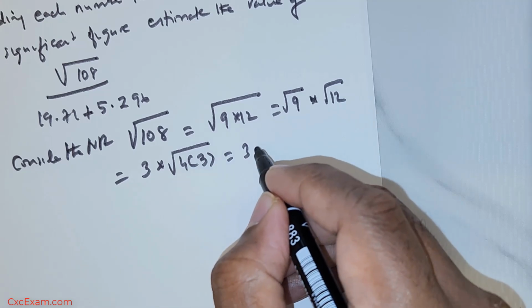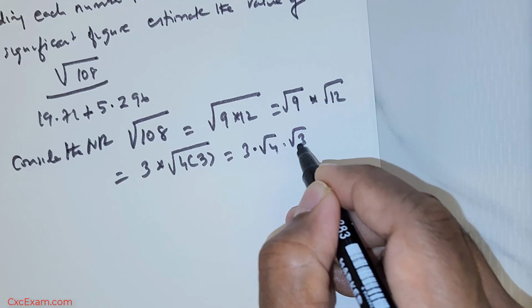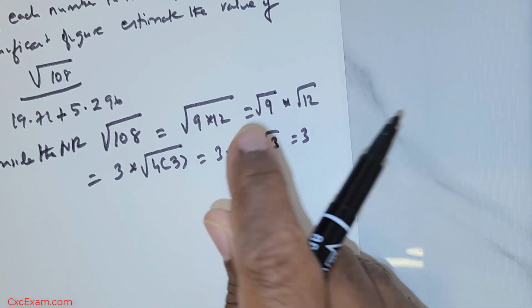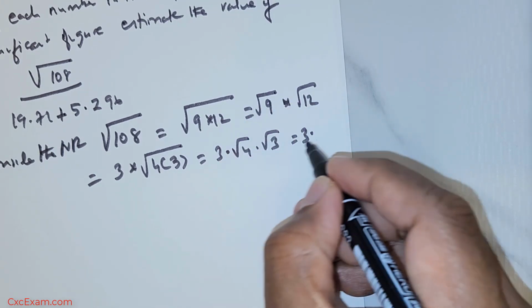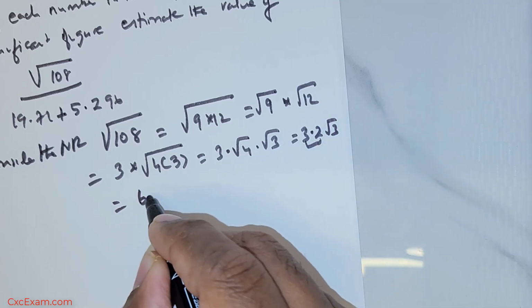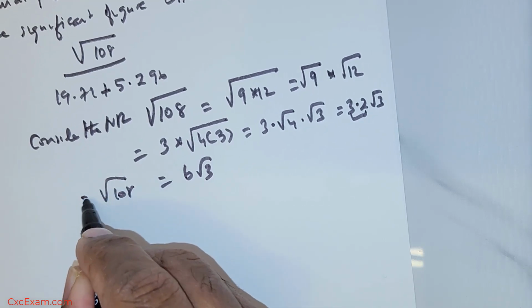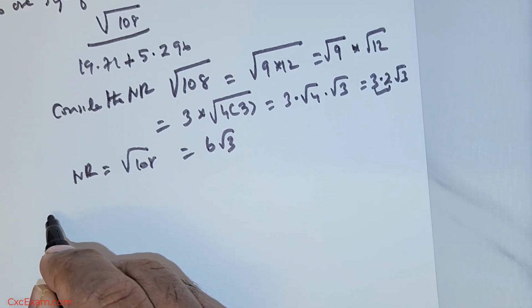This can be further rewritten as 3 times root of 4 times the root of 3, which is 3 times 2 times the root of 3. 3 times 2 is 6 times the root of 3. So this is root of 108, which is our numerator.